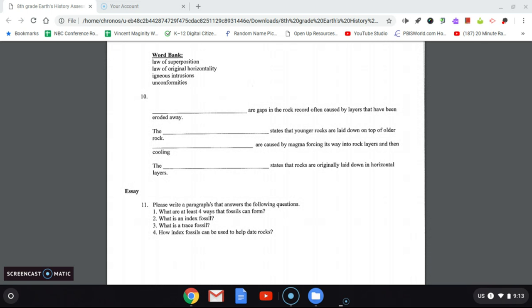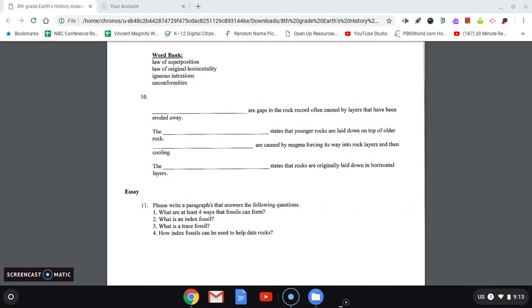The next one, the blank states that younger rocks are laid down on top of older rocks. The next one, blank are caused by magma forcing its way into rock layers and then cooling. And then finally, the blank states that rocks are originally laid down in horizontal layers.